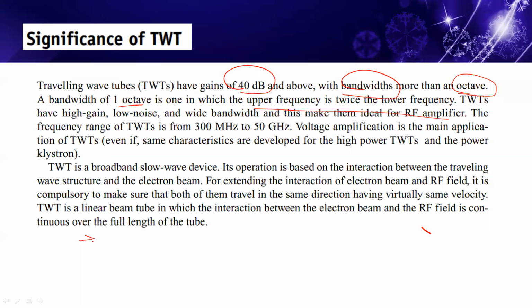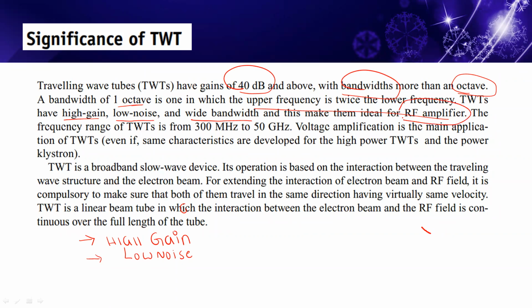What is the significance of these traveling wave tubes? Number one, they are very high gain devices, with low noise also. So it is a high gain device, low noise, and the bandwidth is wider.